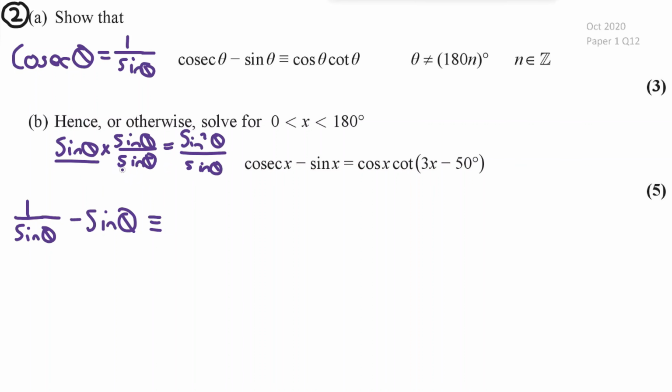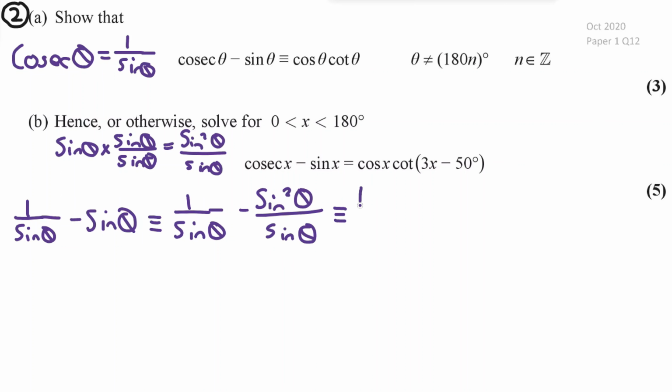So this is equivalent to this, we've just multiplied it by 1 here, because remember this is equal to 1. So this is equivalent to 1 over sin theta minus sin squared theta over sin theta, which we can then combine the numerators. This becomes 1 minus sin squared theta over sin theta.